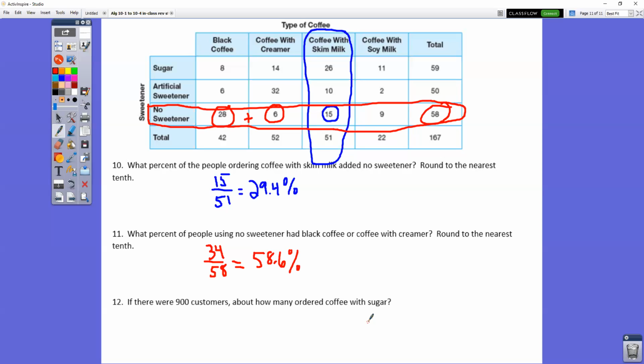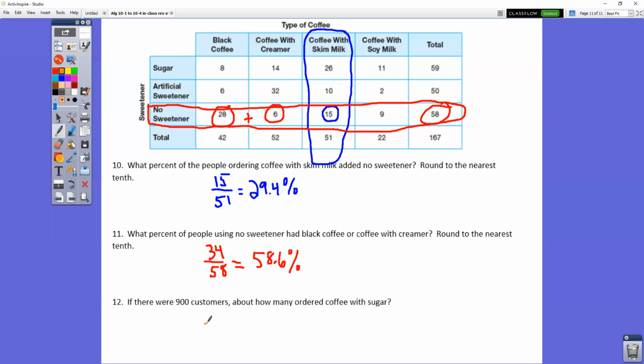Go ahead and set up your proportion and solve. Again, be very, very careful.